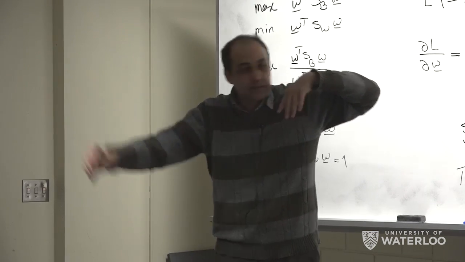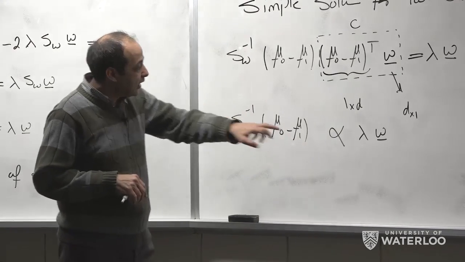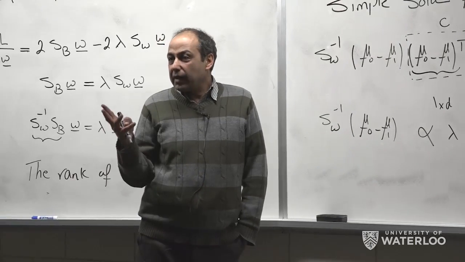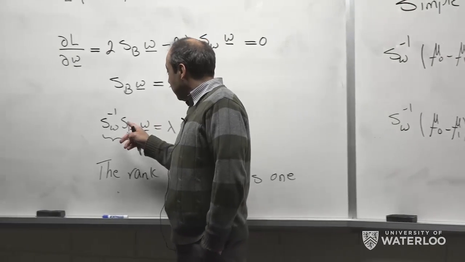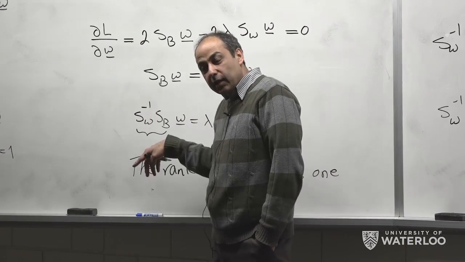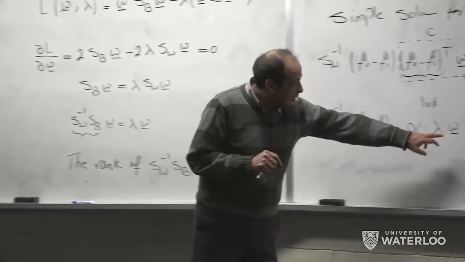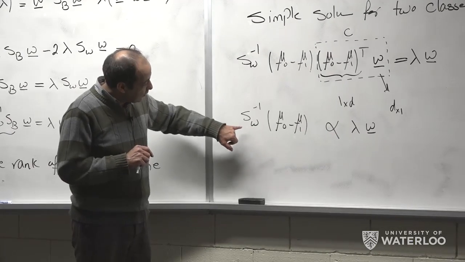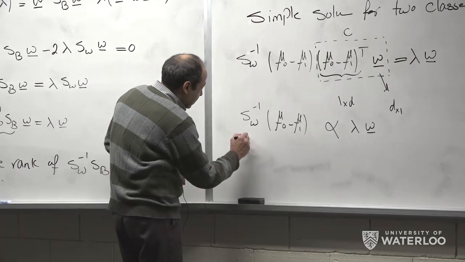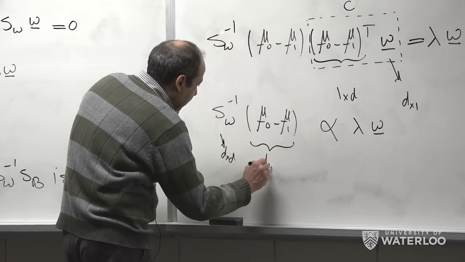I don't care. So, in fact, if I need to know W in the case of two classes, I don't need to compute SW inverse multiplied by SB and then do eigendecomposition and find the first eigenvector. Simply, I can say that W is in the direction of SW inverse times mu 0 minus mu 1. See, this is d by d, and this is d by 1.